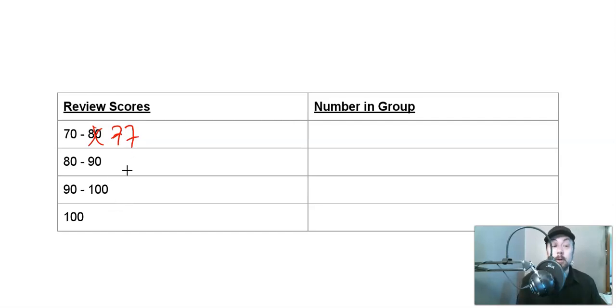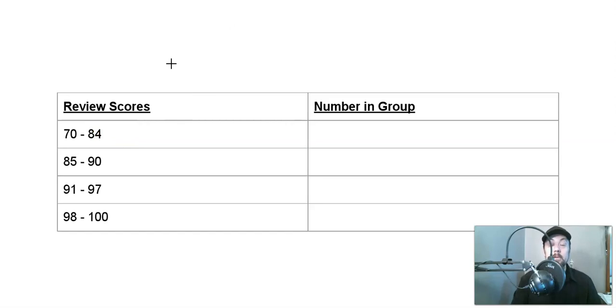There would be no place for it. So these groups have to be very carefully defined so that there's no cracks where data values could go missing because they don't get counted in any groups. And also you don't want to have any overlap because then you might have to count that data value twice. So you do need to be a little bit careful about how you set up these groups.